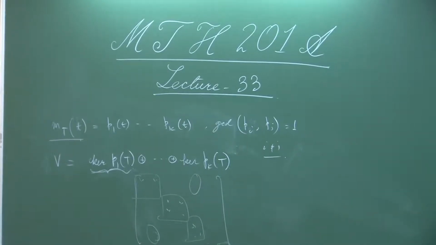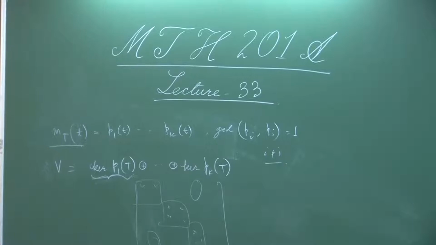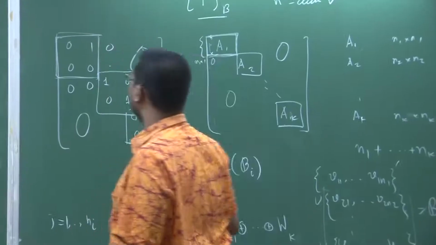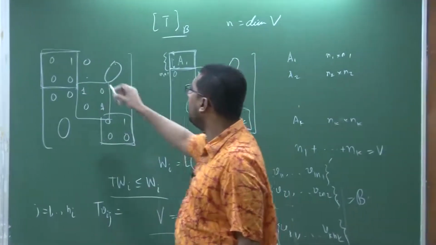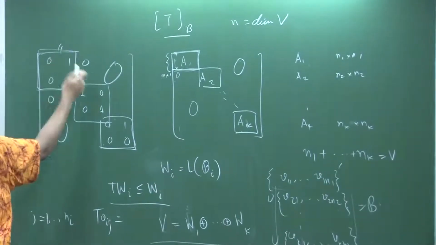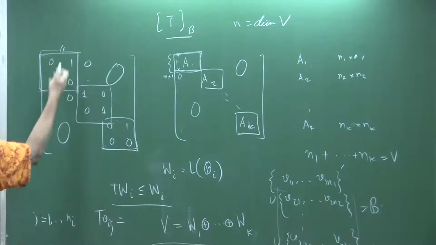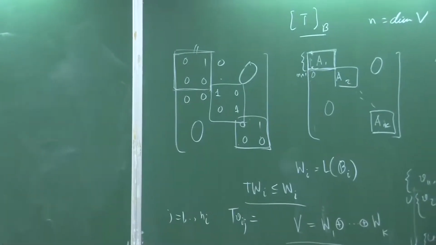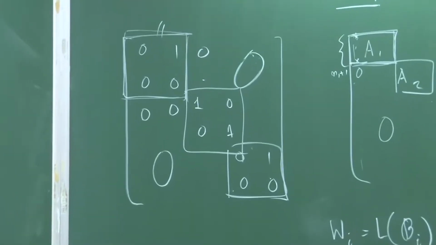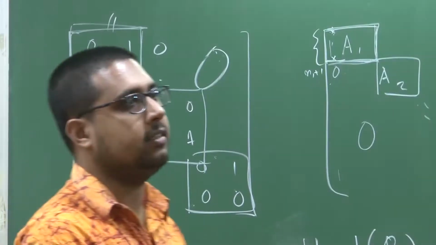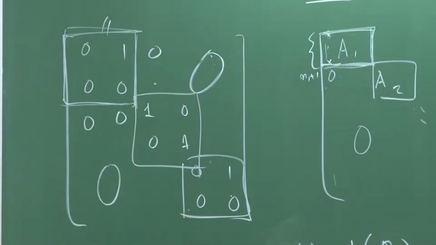Remember, our motivating factor was to bring matrices of this form. If you can have such a matrix in the block, then we will accept that, well, it is simple.